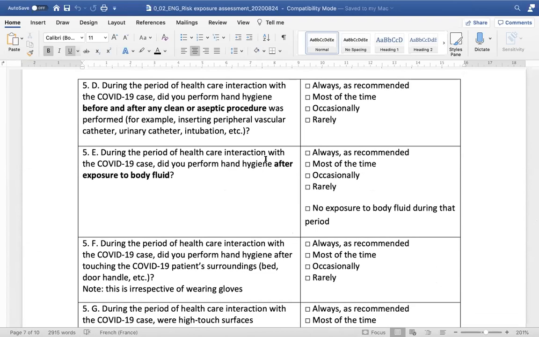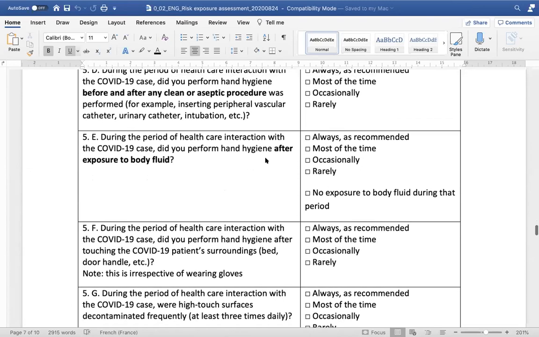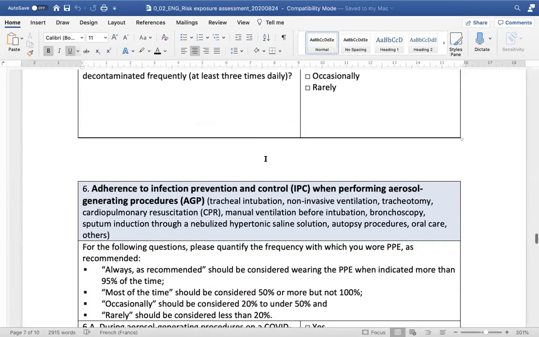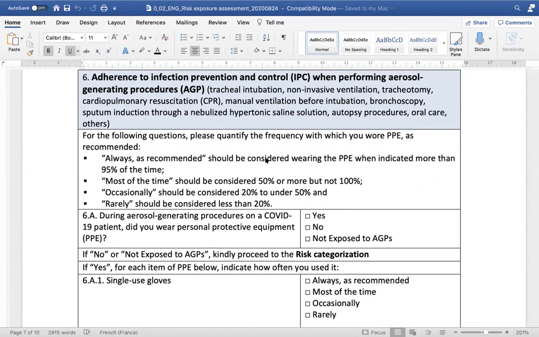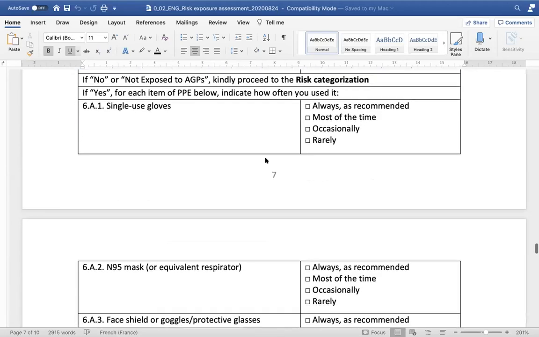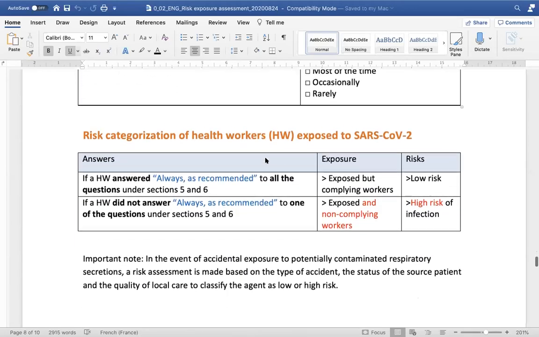So you will ask your patients the questions. And then we'll want to look at the adherence of IPC when you're performing an aerosol generating procedure. So again, we look at the PPEs that were used when performing AGP. So they have been listed there.